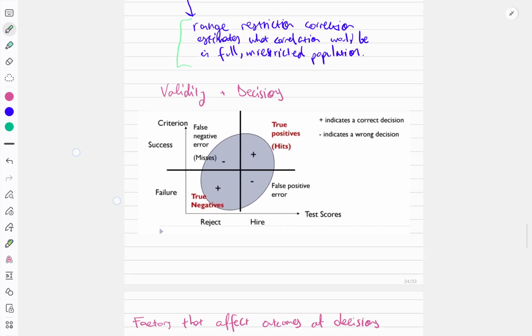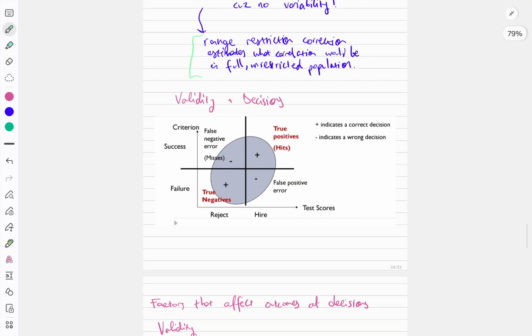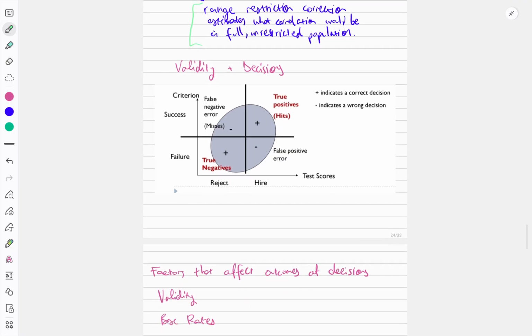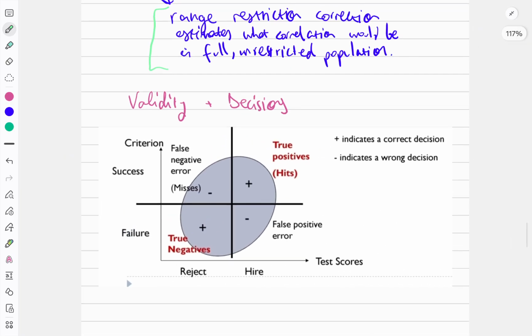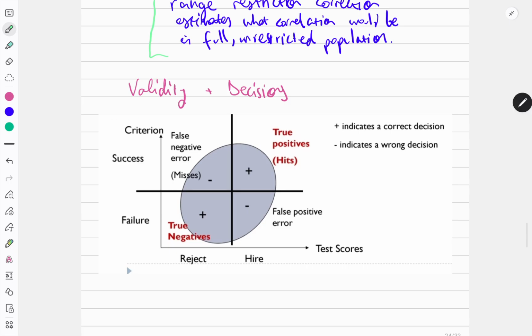So let's come to validity and decisions. Here in this picture you can see the true positives, which are the people that we want to hire. These are the people that are successful, and we have successfully found that these people are successful, right?